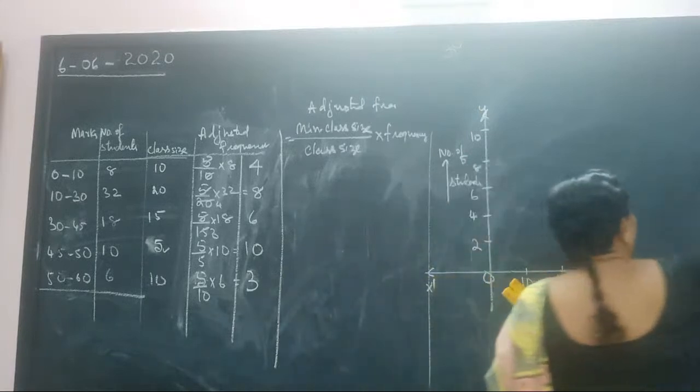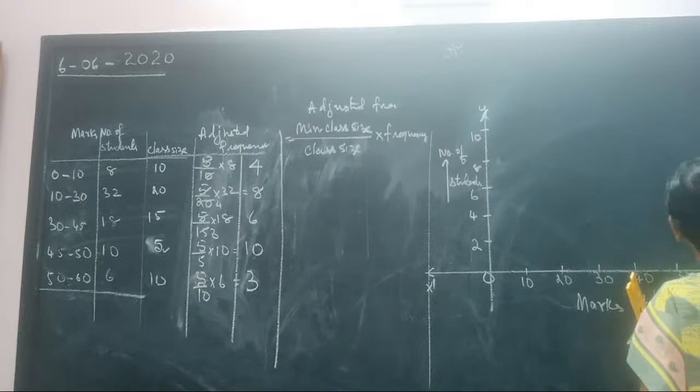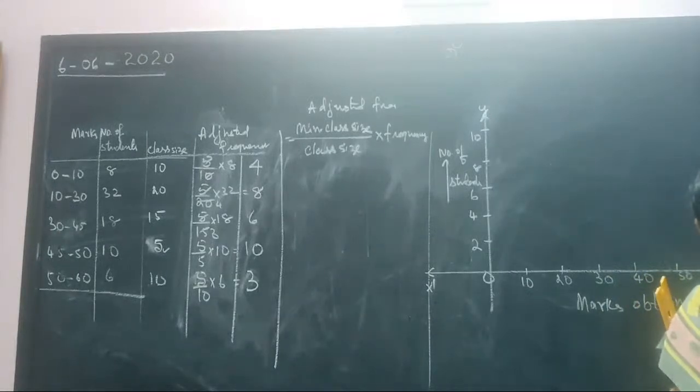Write up the scale. What is the scale? X-axis 1 unit, 10 marks. Y-axis 1 unit, 2 students.